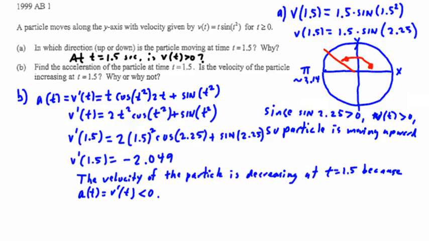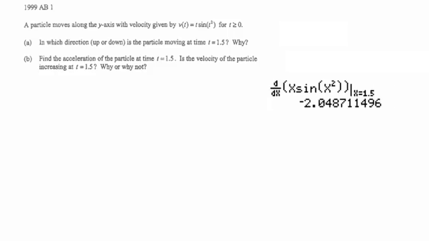Now, one more thing. This works out the problem, but you could also take this original function and use your TI-84 calculator: press math 8, which is derivative at a point, and put in the function, which I did. In the case of the problem, it's t sine t squared.